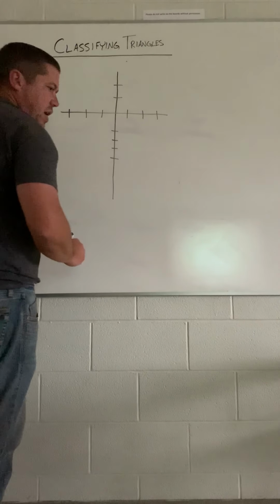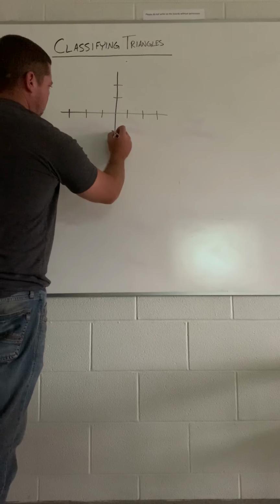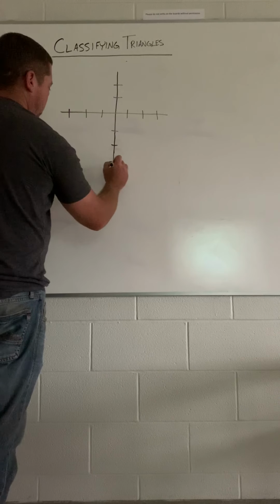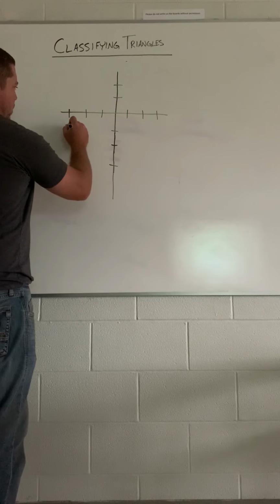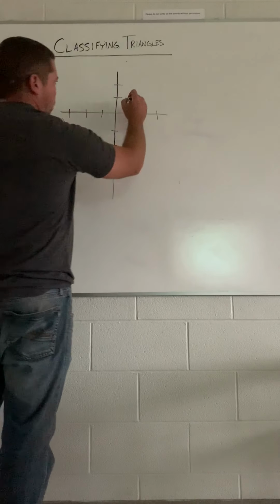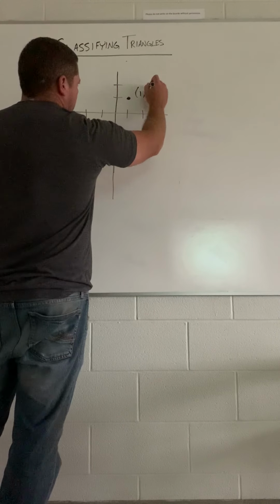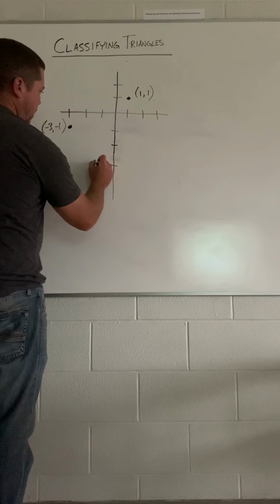All right, let me space those out a little better. If I've got a point at -3, -1, I've got a point at 1, 1, and I've got a point at -1, -3.